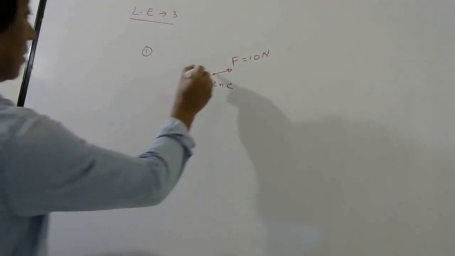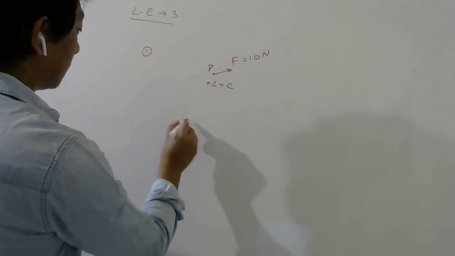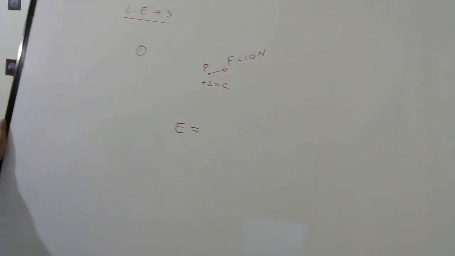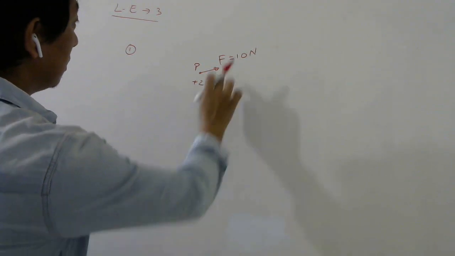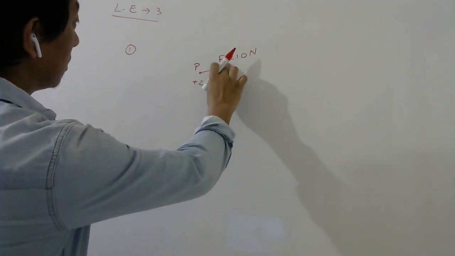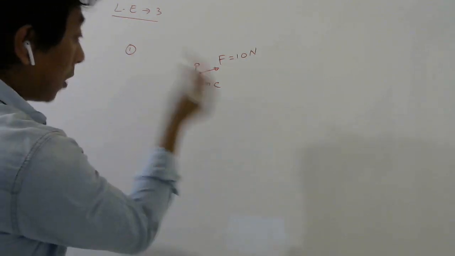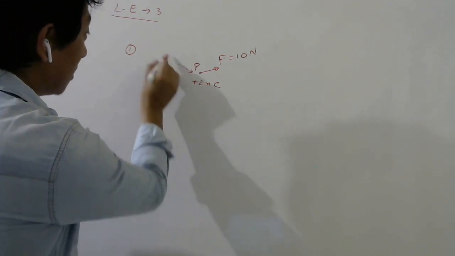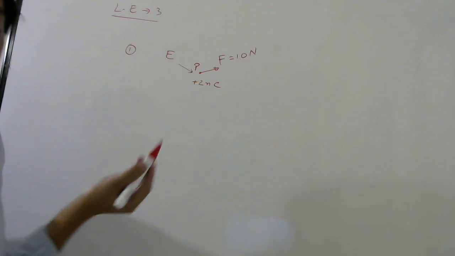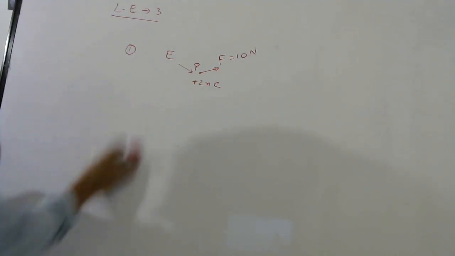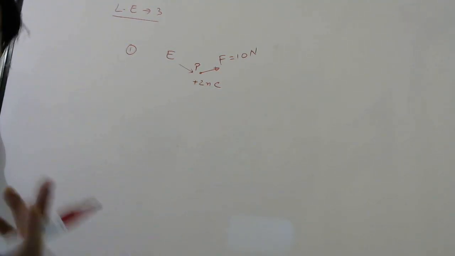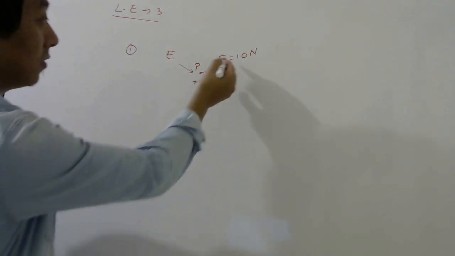So they want the electric field at this point. How do you define electric field? You know that this force is experienced by this charge. Why? Because at this point there must have been some electric field due to some source charge which we don't know. We don't have to know in this question because they have given you the force.